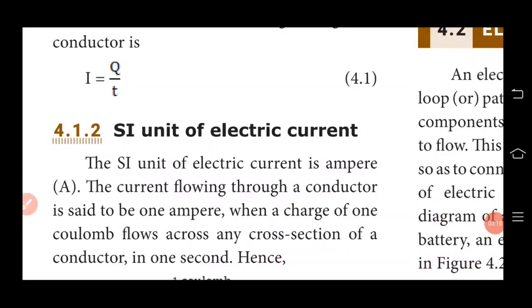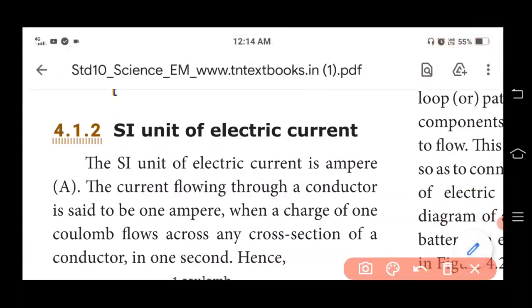Our next important topic is the SI unit of electric current. You know that the rate of flow of charges produces electric current, so we have to measure the electric current with some unit.